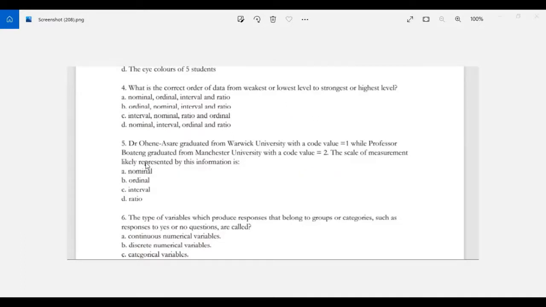Yes, please. Number 5. Dr. Ohenia Sare graduated from Warwick University with a code value equal to 1, while Professor Boateng graduated from Manchester University with a code value equal to 2. The scale of measurements likely represented by this information is: A. Nominal, B. Ordinal, C. Interval, D. Ratio.